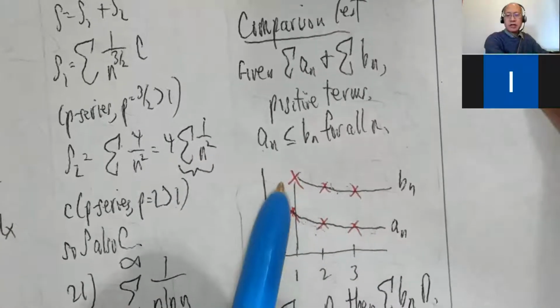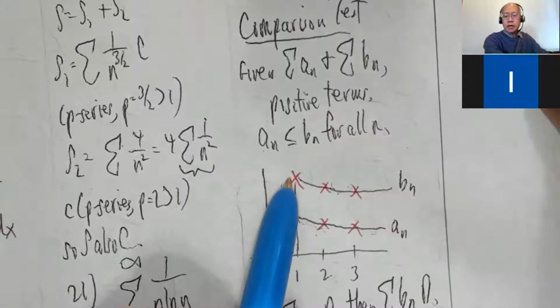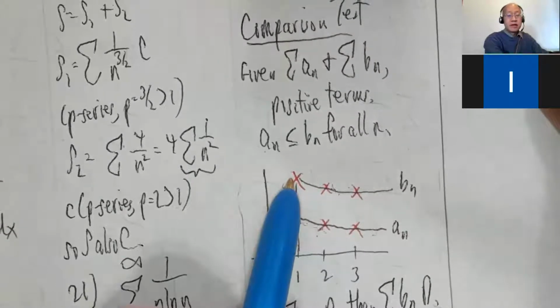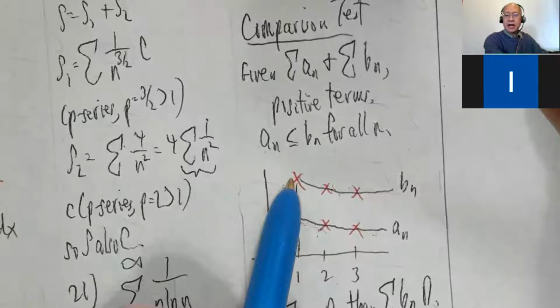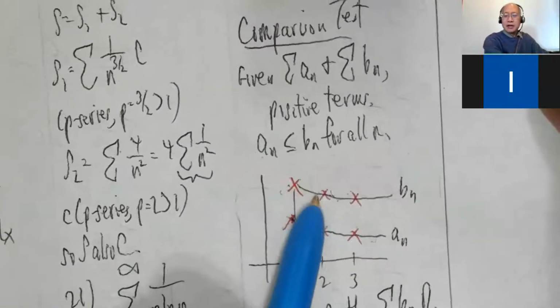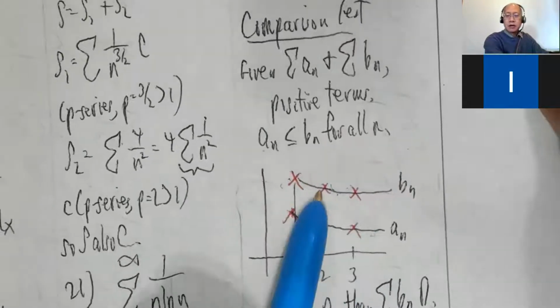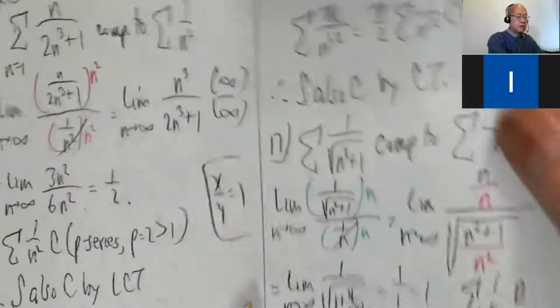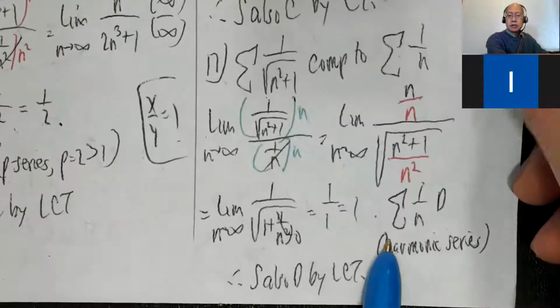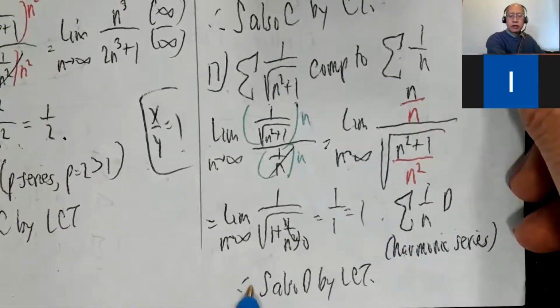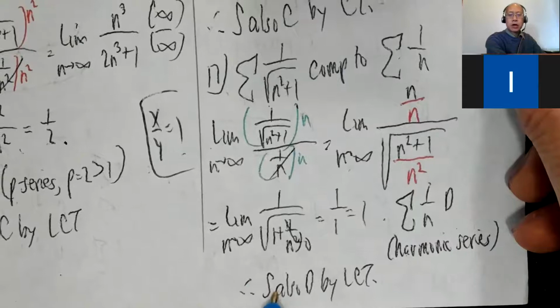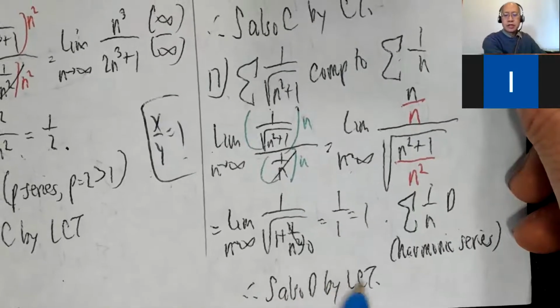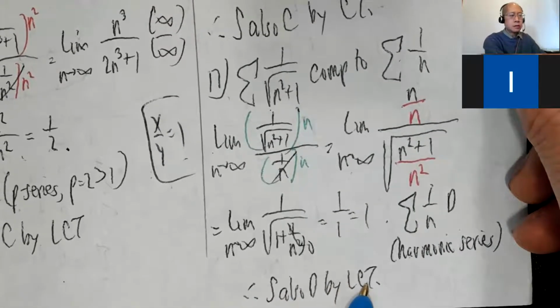The money analogy I've been using: I have less money than the millionaire, I still might be rich. I might have $999,999, or I might have 50,000, or I might have 5 cents. You can't make any judgment in that situation. But by using the limit comparison test, I can go ahead with it. So since the harmonic series diverges, therefore the original series also diverges by LCT, limit comparison test.